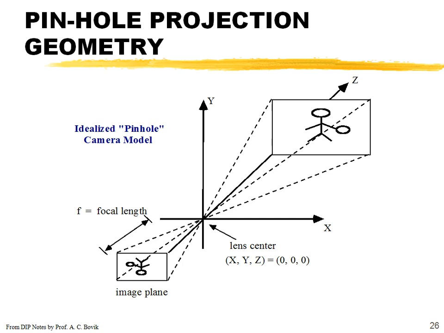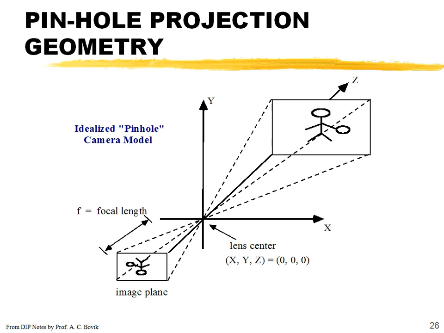It's going to project back onto our image plane, the plane being parallel to the world xy coordinate system. And, of course, the origin of the 3D coordinate system being the center of the lens. Now, if we assume that the center of the lens is just a small hole, we can think of this as what we call a pinhole projection system.